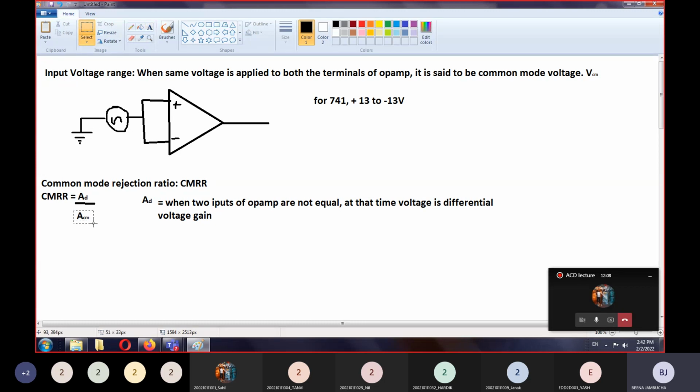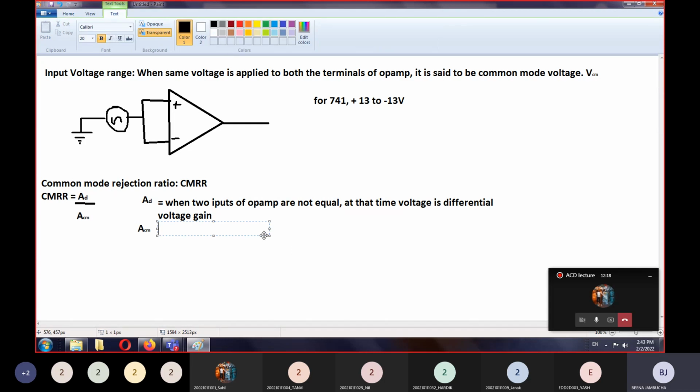And what about the common mode? Can anybody tell me what will be the common mode gain? When the two inputs are shorted, or are given the same voltage, at that time you can say the op-amp is working in the common mode.